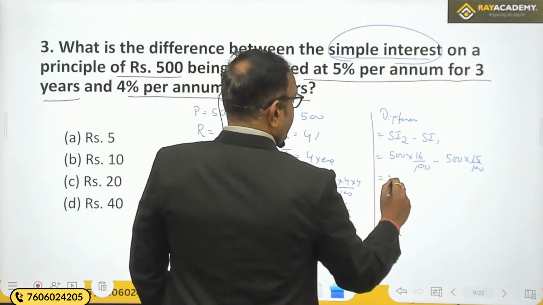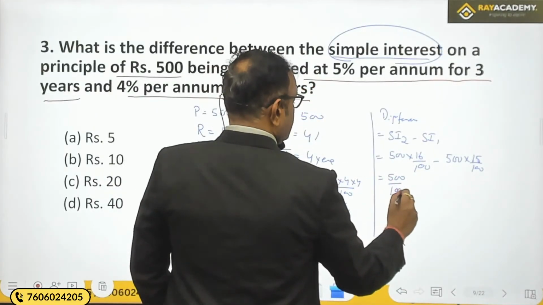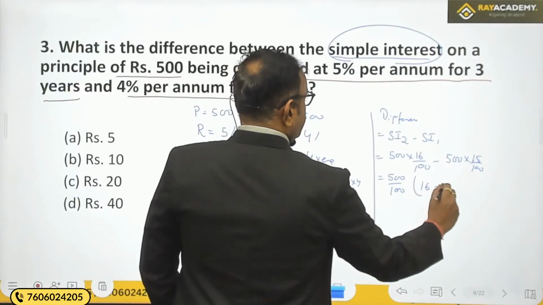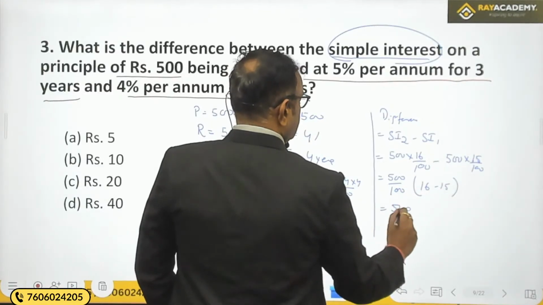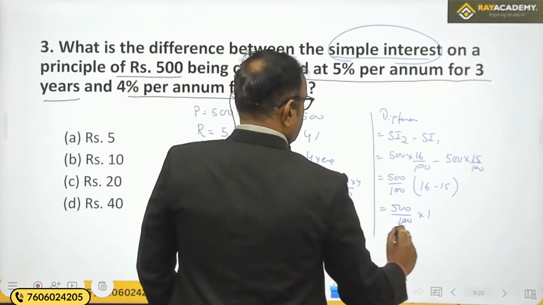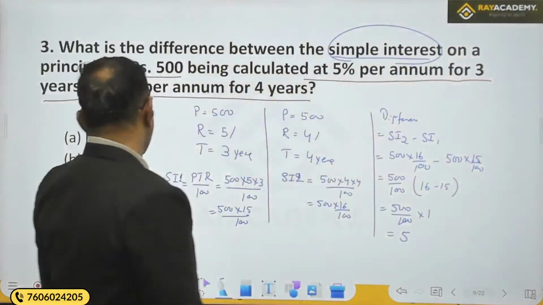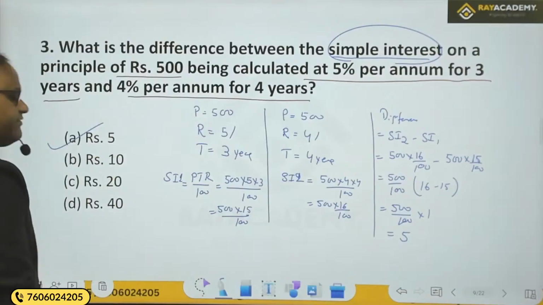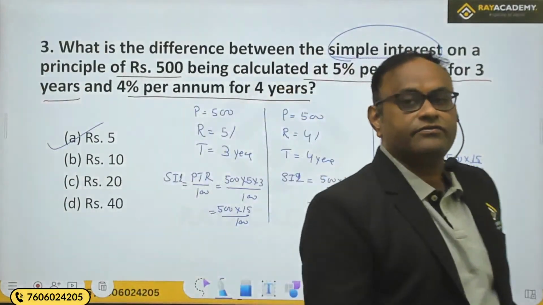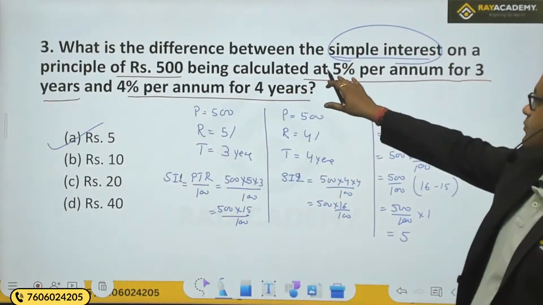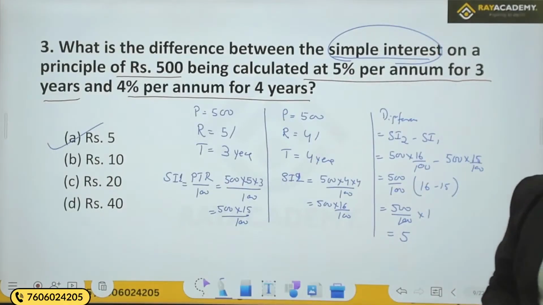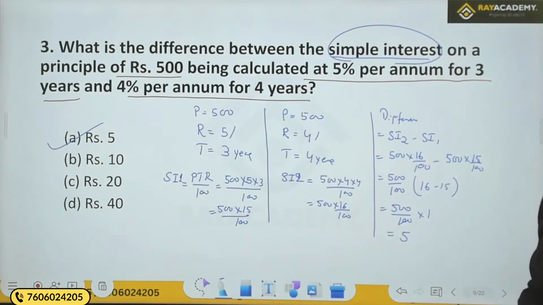So you will get 500 by 100 common. 16 minus 15 will be 1. So that is 5. 5 is your answer. 5 rupees is the difference between the SI for the two given scenarios. One was 5% per annum for 3 years, another was 4% per annum for 4 years. Okay. Directly you can put the formula.